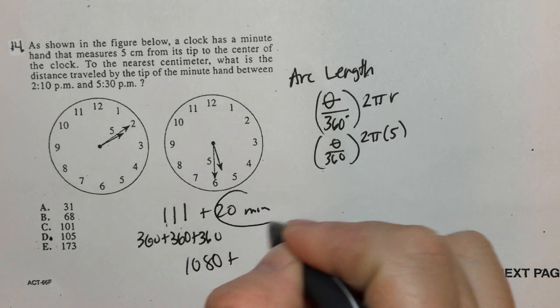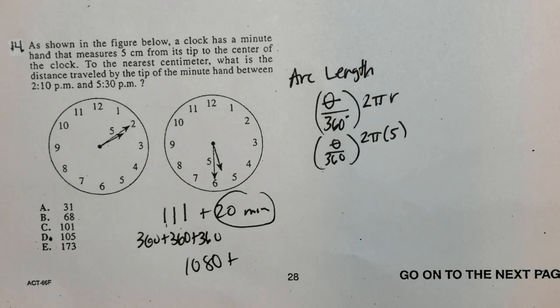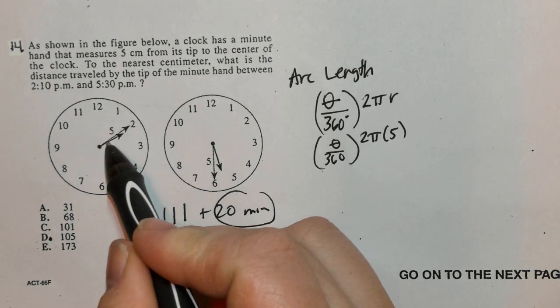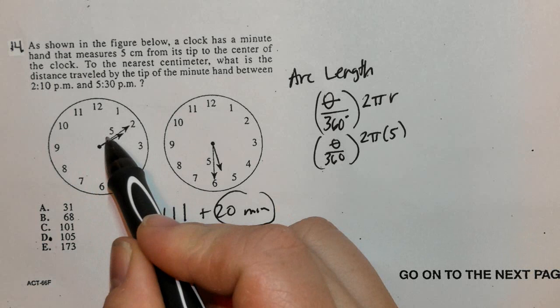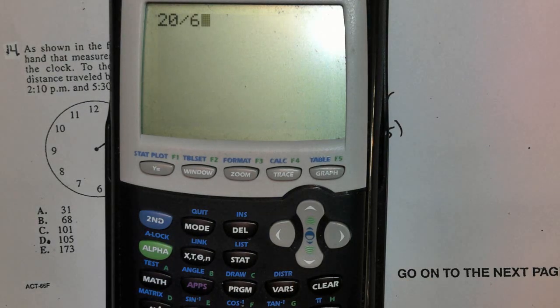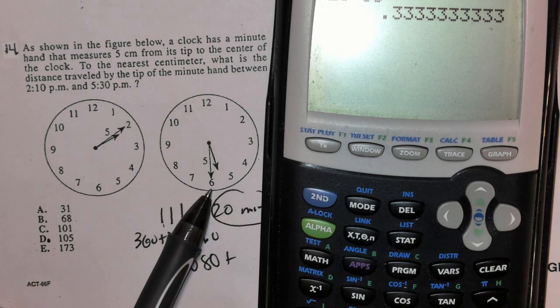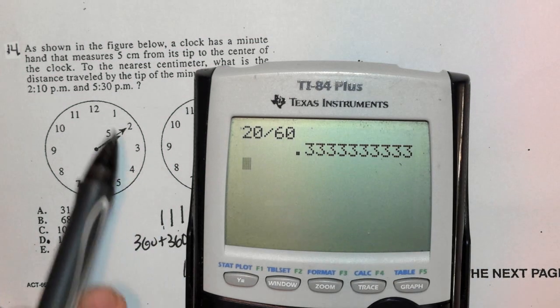Now I need to figure out what is 20 minutes in terms of the degrees. Well, I know that on a clock, 20 minutes is 1 portion of the entire thing, which is 60. So 20 minutes over 60 tells me that 20 minutes on a clock, going from this point to this point, covers 33% of the entire circle.